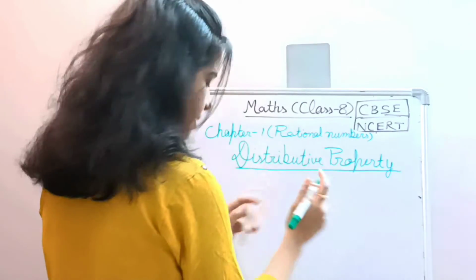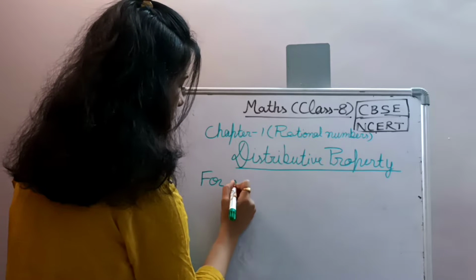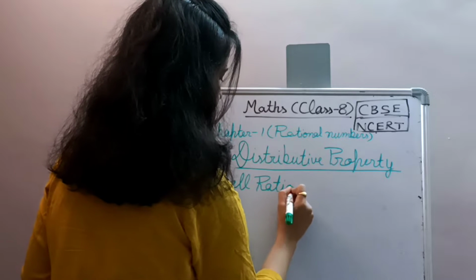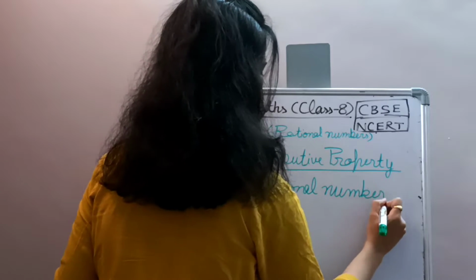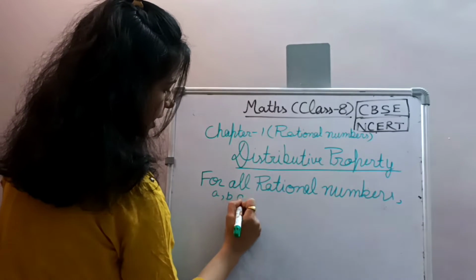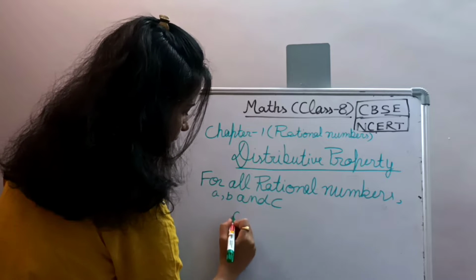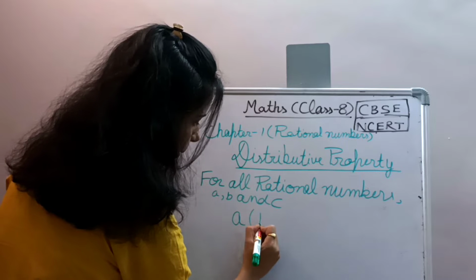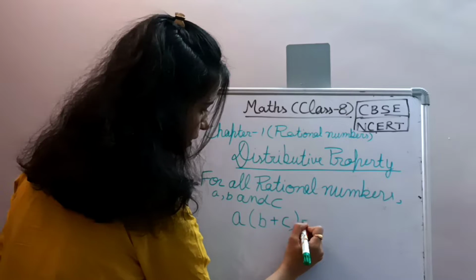Distributive property says, for all rational numbers A, B and C, A multiplied by B plus C within bracket.